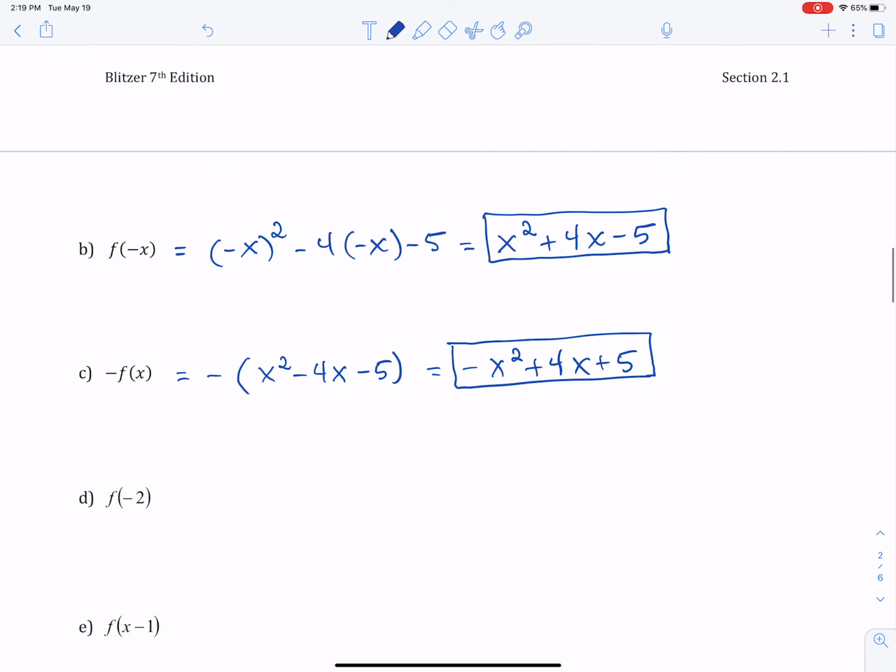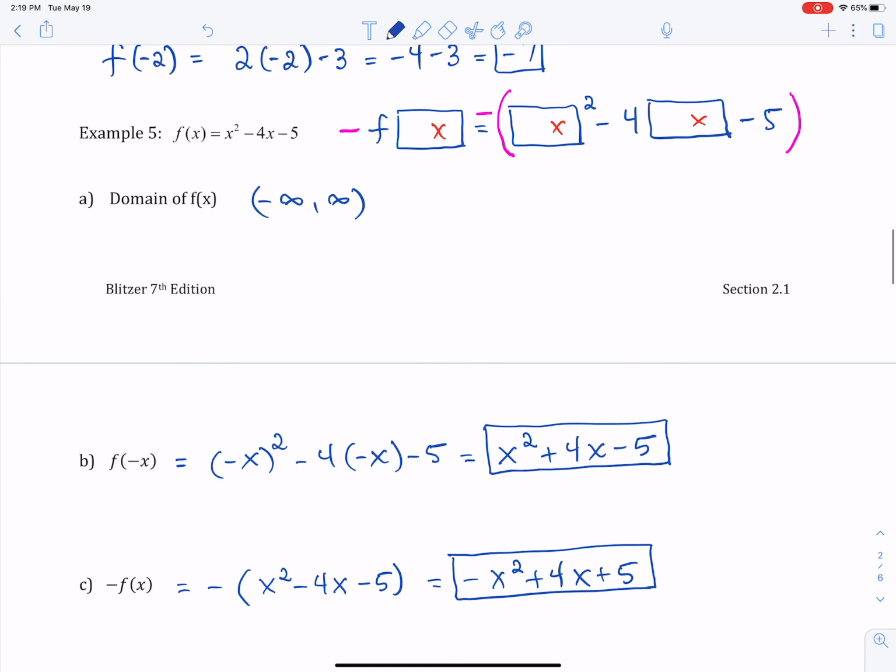The next example, f of negative 2. I'm going to play with my boxes again. In the boxes, we need to put a negative 2.